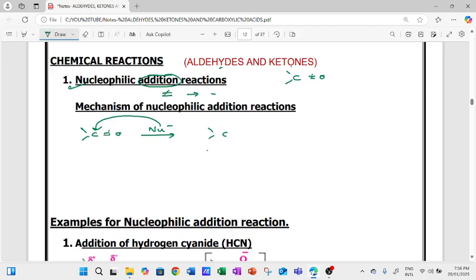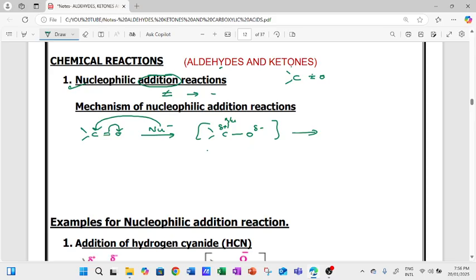As a result, the electrons from C double bond O shift to the oxygen side. So carbon changes to C single bond oxygen, with oxygen carrying a negative charge and carbon with a positive charge. To the positively charged carbon, the nucleophile will be added, perpendicular to the plane. So this is the intermediate.